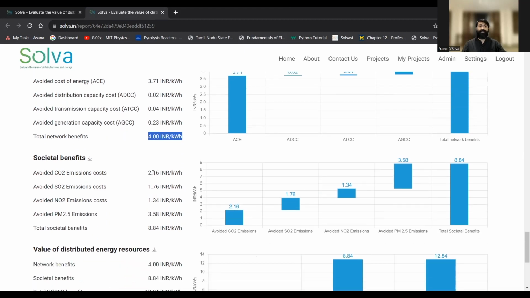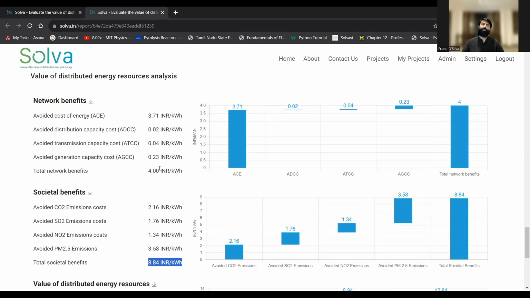The societal value that we have determined, by avoiding the emissions of CO2, SOx, NOx, and particulate matter 2.5, contributes a higher percentage. 69% of the total VODA is contributed by the societal benefit, while 31% is contributed by the network benefit.